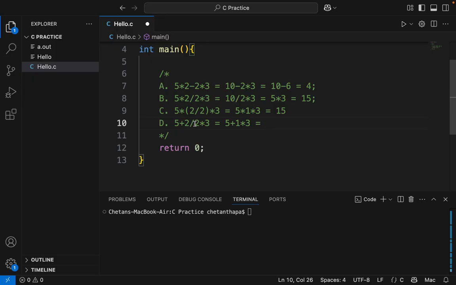Here the highest precedence is of multiply. So 5 plus 3 into 1, 3, will be 8.